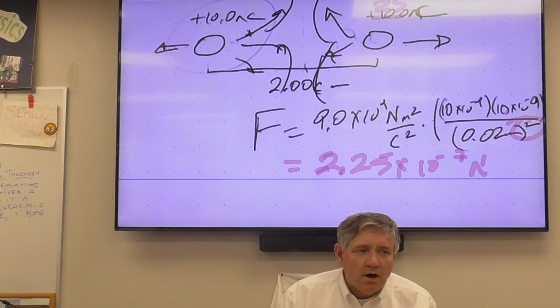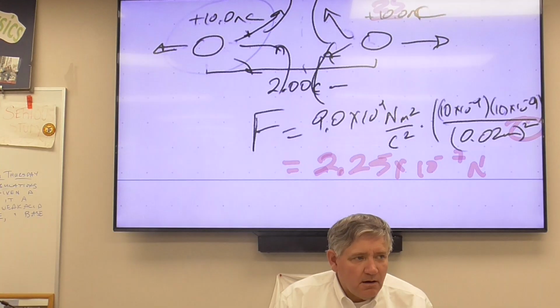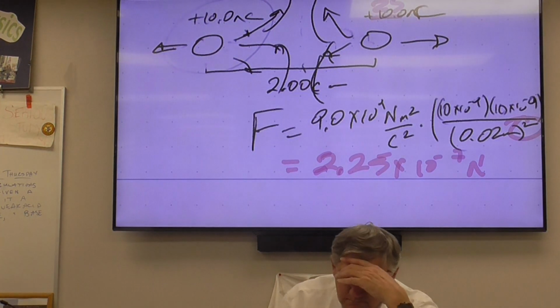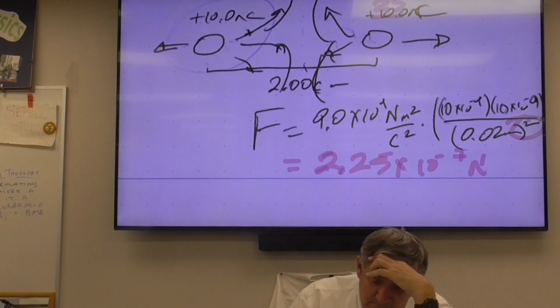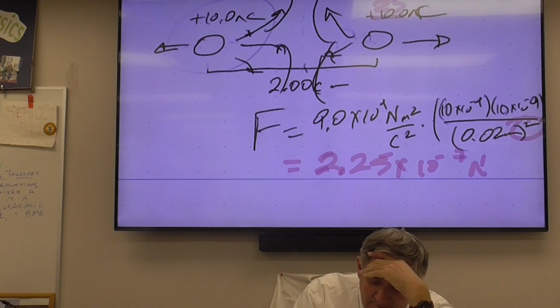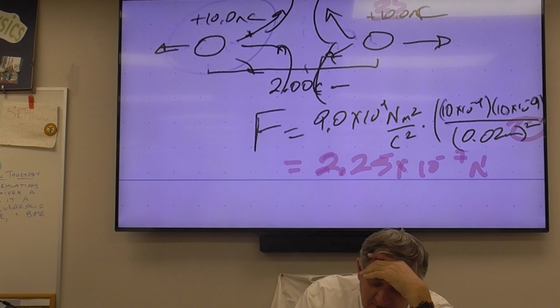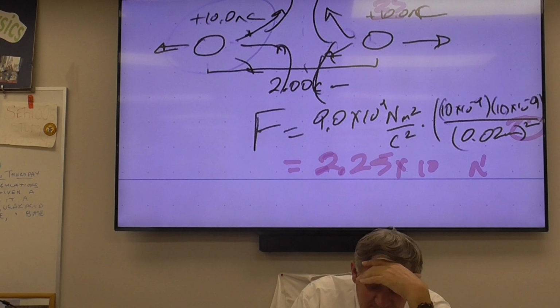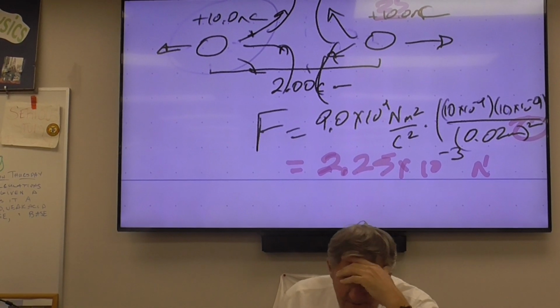Hold on, that's not right. It's 2.25 e to the negative 30. Did you forget to square it? No, I squared it. I did meters, not centimeters. 2.25 times 10 to the what? Negative 30.